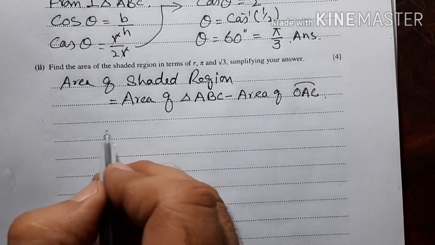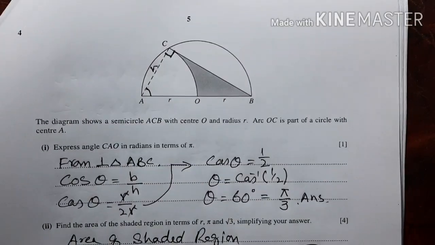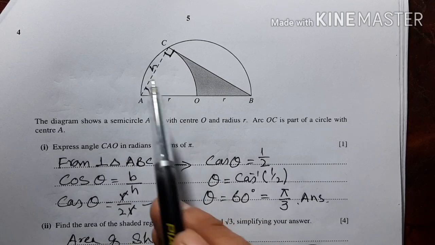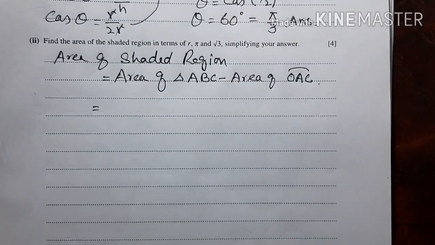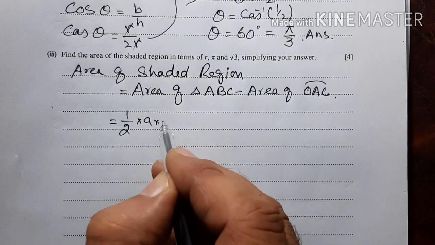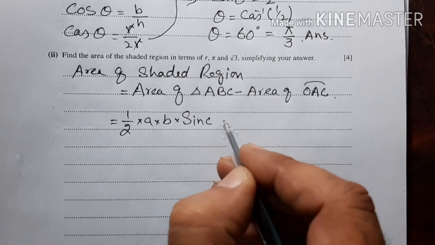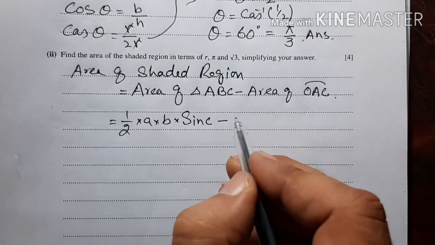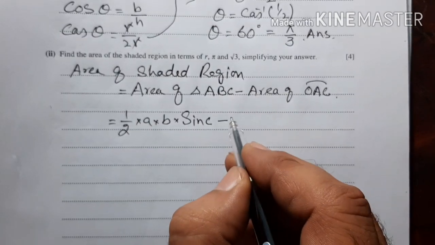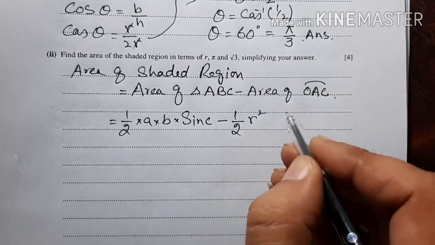Area of triangle ABC, I will use the formula 1/2 AB sin C, which is the formula from the O levels. 1/2 AB sin C minus, for the area of sector I will use 1/2 R square theta.